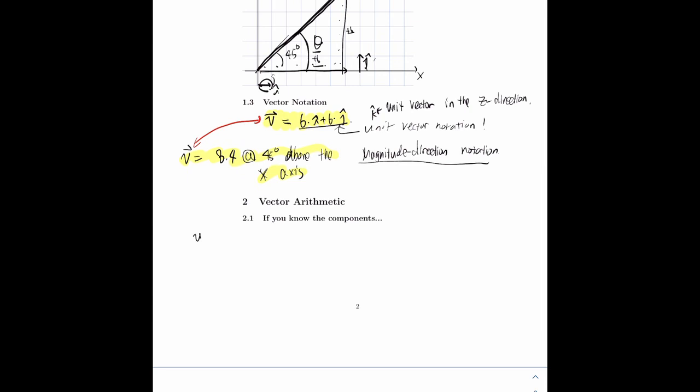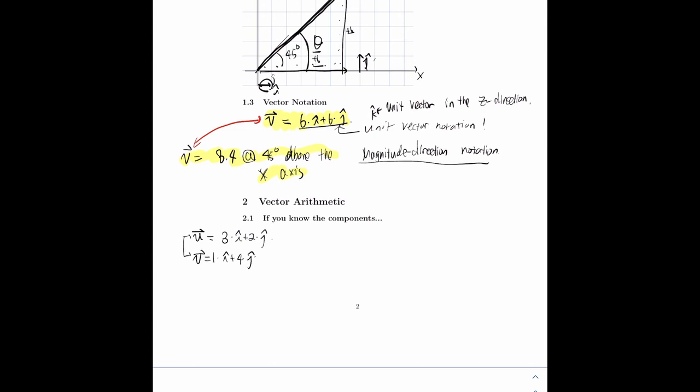So let's just say we have two vectors, u, which is 3 times i hat plus 2 times j hat, and v is 1 times i hat plus 4 times j hat. We're going to talk about the case when we know these components because this makes life a lot easier.